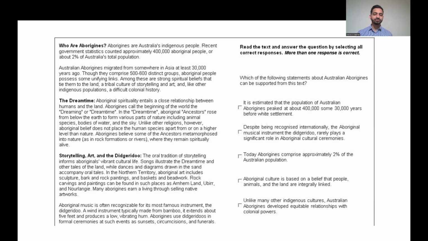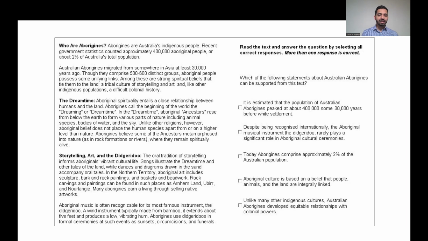In the daydream, Aboriginal ancestors rose from below the earth to form various parts of nature, including animal species, bodies of water. So we talked about animals here as well, and nature includes animals. So yeah, they believe that people, animals, and land are integrally linked. I have a feeling that's where we're getting at, but we'll keep reading the whole thing.